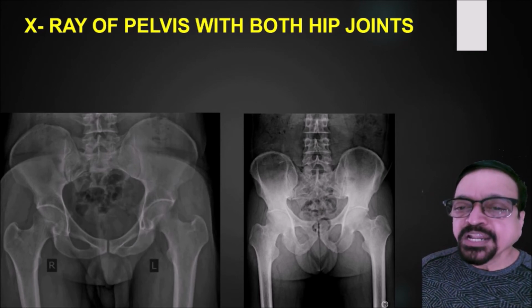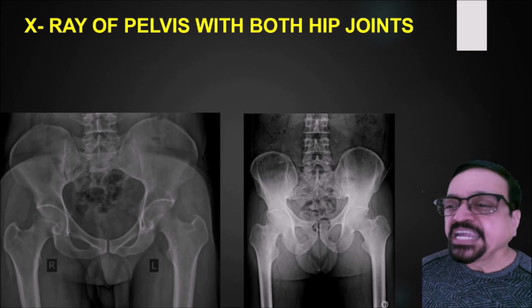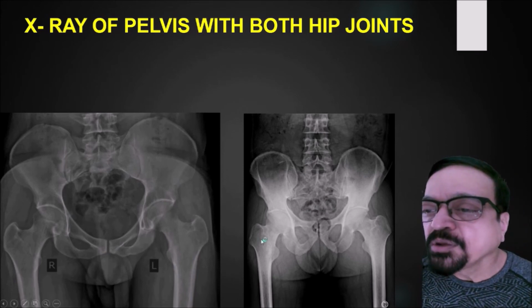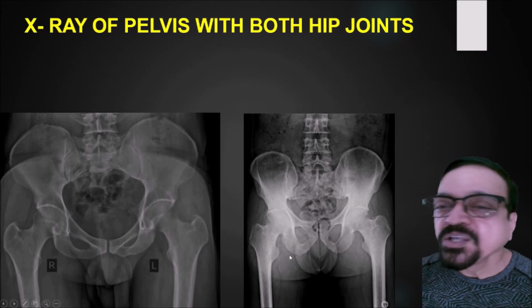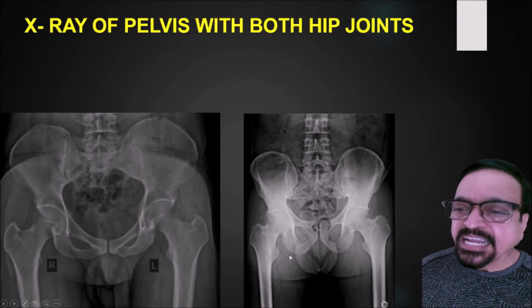Now see the femoral necks, they are nicely seen, they are elongated, and in the second film you are seeing the neck is not properly seen. Now what is the cause? The cause is the internal rotation.